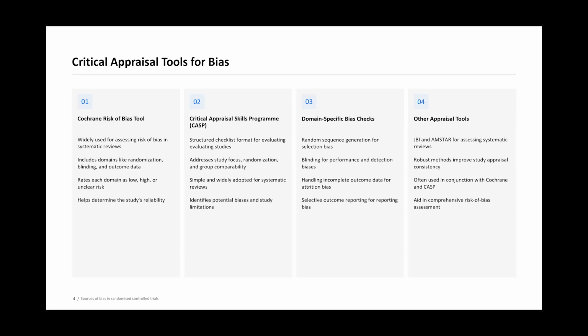It's another practical tool that can be used in a checklist format to make sure that the randomized clinical trial is sound. And by the way, if you have a systematic review, you have to go through the studies inside and do an individual evaluation for each study to see what types of bias are included, and then you will evaluate the whole systematic review.